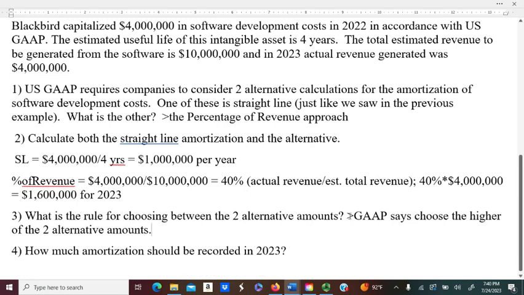And that's going to be my amortization for this year. So how much amortization should be recorded in 2023? That would be the 1.6 million. So for 2023, that would be the amortization that I would record. Pretty straightforward. There you go.